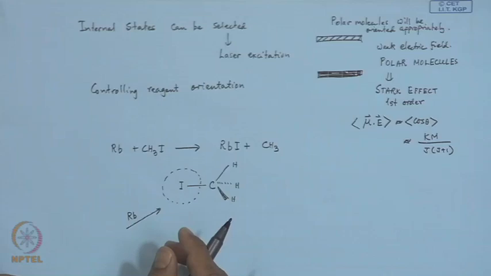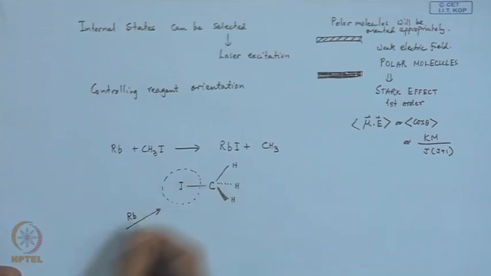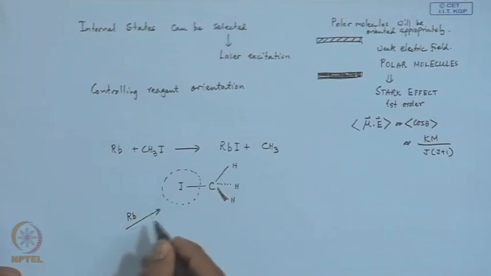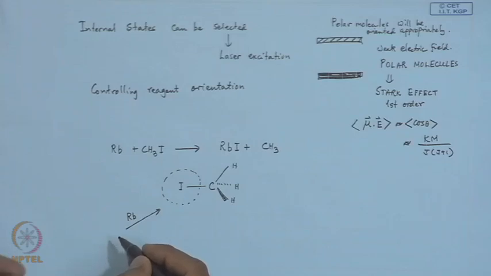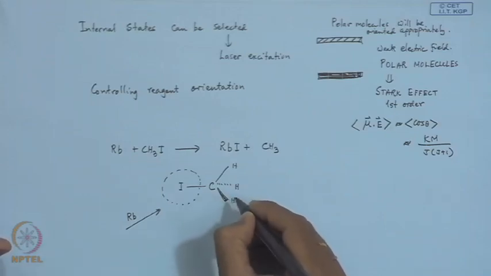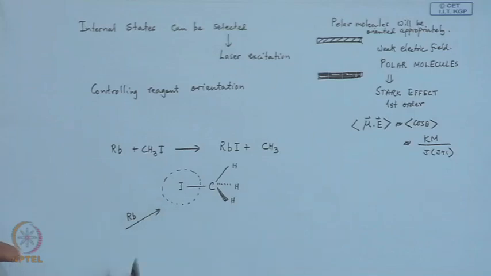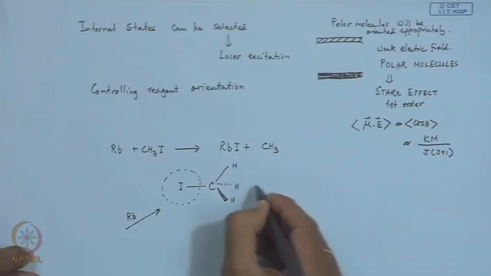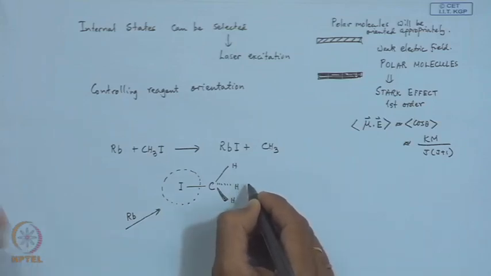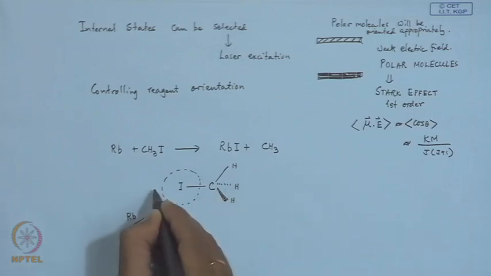Look for RbI in the back scattered direction, that is in this direction. If you measure that, it should give you the idea whether this geometry or the other geometry is important or not, and whether there is a barrier, whether you get your product if it is approaching from this side or from the other side.